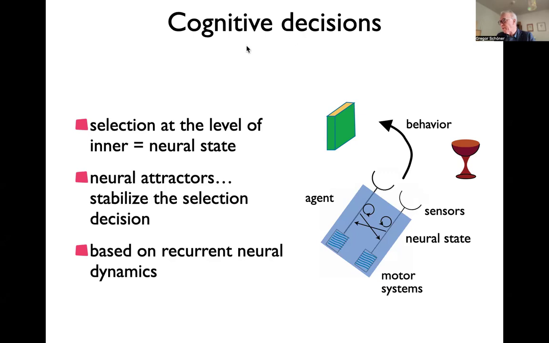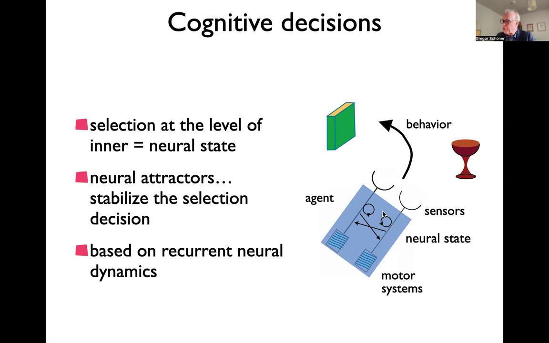When we think about cognitive decisions, like here, for instance, select one category, like select the book over the cup, then the selection would not take place, and the state would not be stored in the physical properties, but in some kind of internal properties here, hinted at as some neural network that stores the neural state that represents the decision.